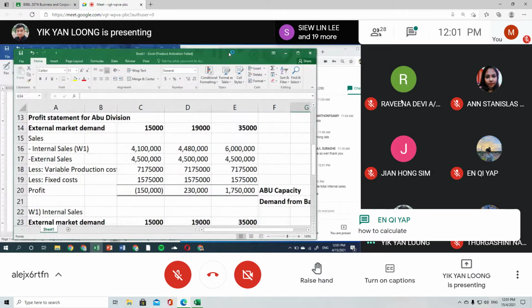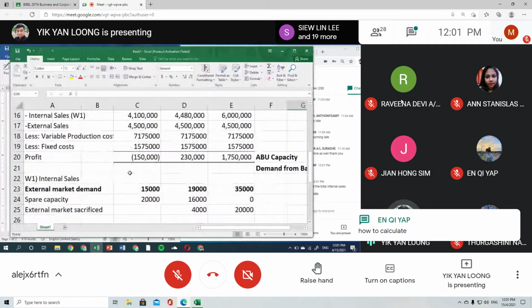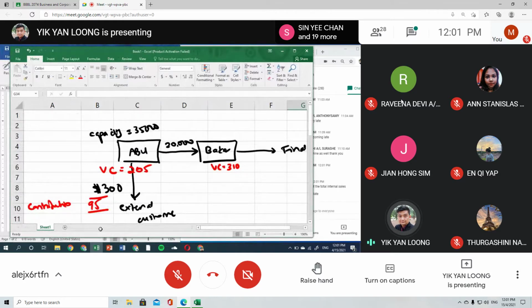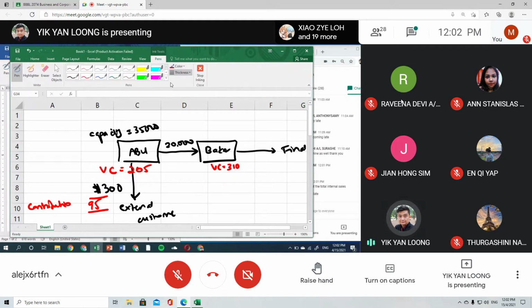Now, the complications come from internal sales, right? As I mentioned to you, Abu actually sells to Baka as well as to external customers. Let's look at the transfer pricing policy. The transfer pricing policy in this question is that Abu must sell to Baka first before he can sell to external customers.